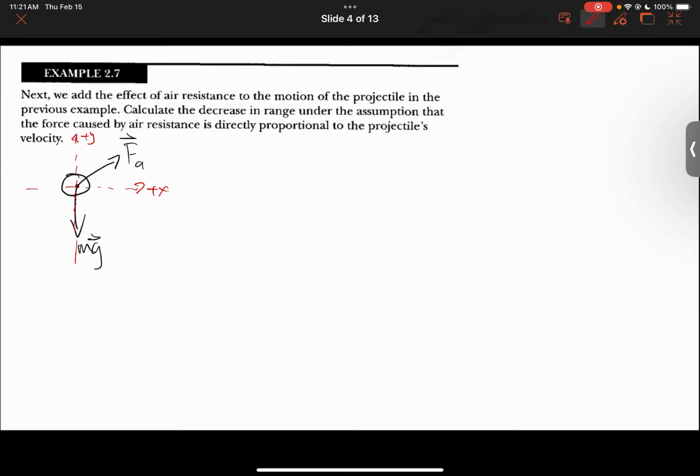Okay, so this will make things easier for us kasi when we sum the forces along the x-axis, we'll have a component of this air resistance along the x-axis. Okay. And in the previous example, actually, ginawa na natin ito. Remember that the air resistance is proportional to the first power of the velocity, kung very small velocities lang siya.